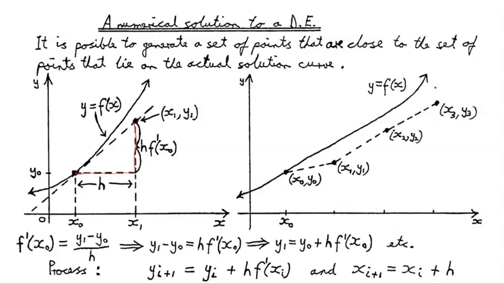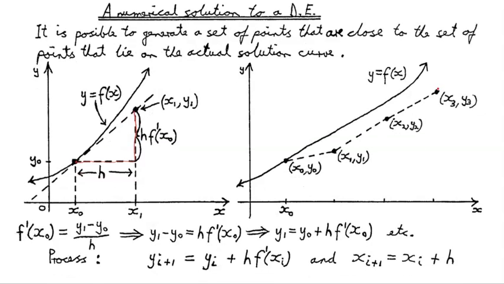Now the process is, you can see that if we step along h units, the next step here will be x1 to x2. So x2 will be x1 plus h, and in general, x i plus 1 will be x i plus h.